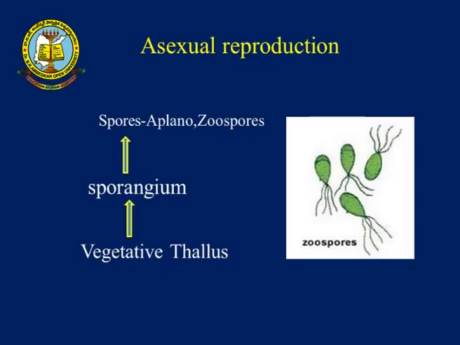So, these are the zoospores. After formation, the difference between zoospores and aplanospores is that zoospores have flagella and aplanospores are without flagella. Any type of spore, whether zoospore or aplanospore, after being released, develops into a new individual thallus. This is asexual reproduction. Another asexual reproduction method is autocolony formation.